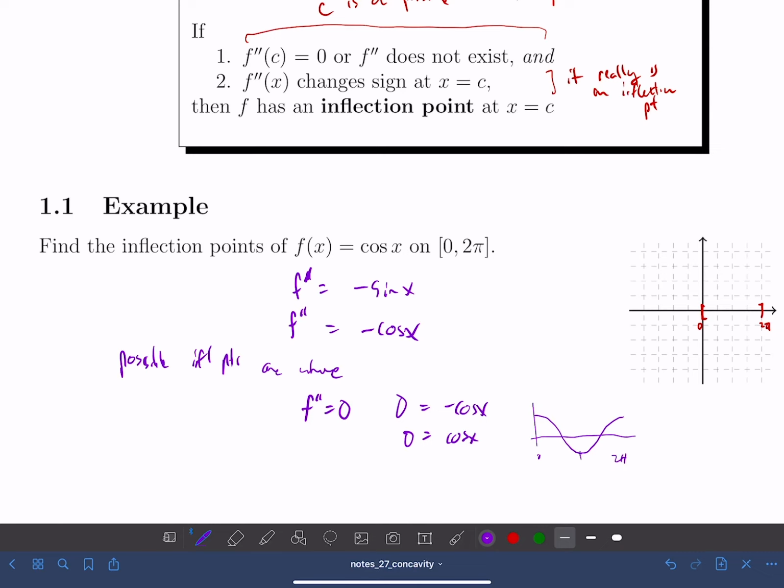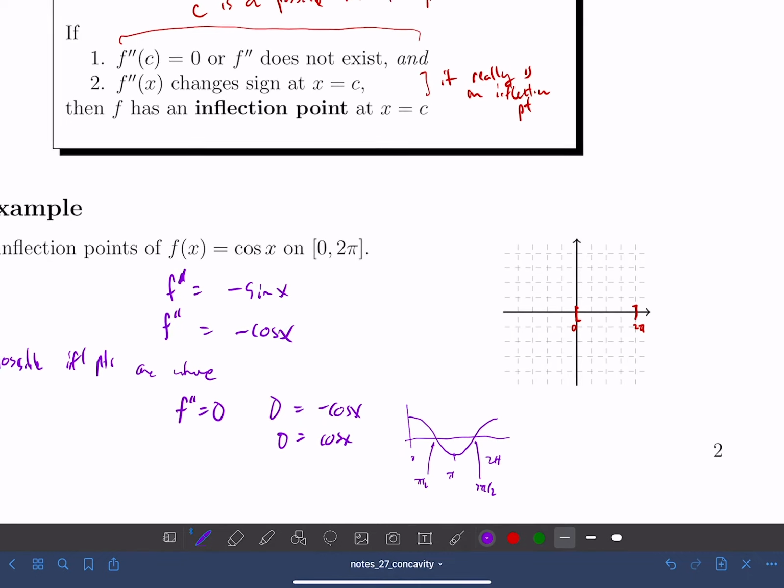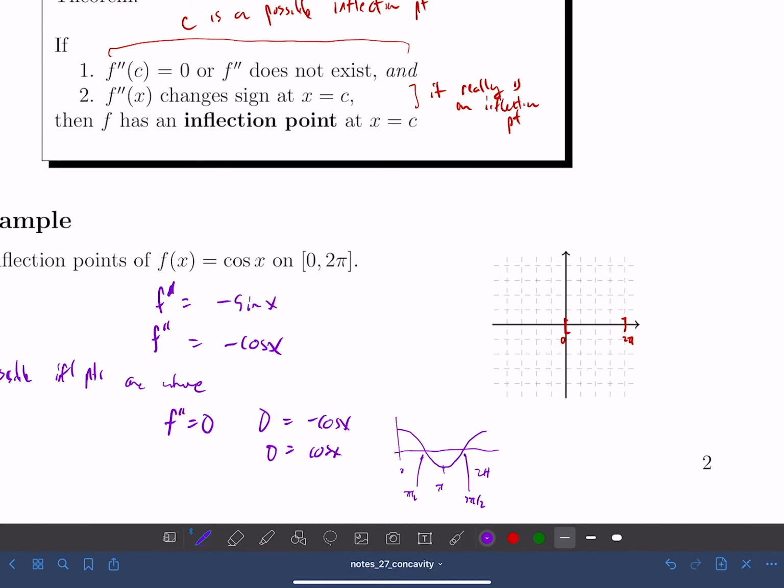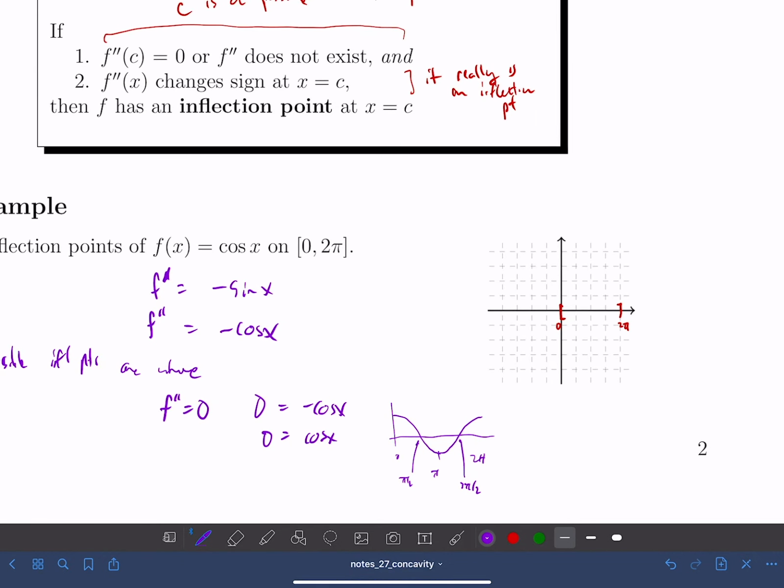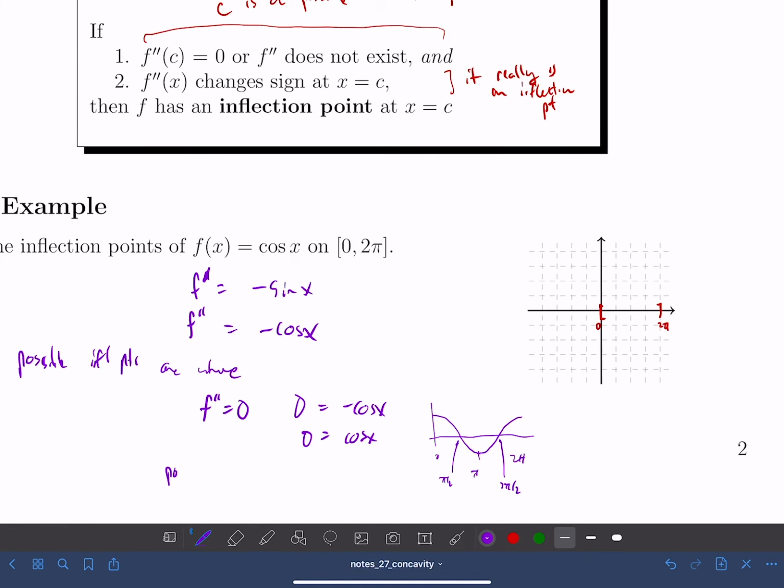I happen to know that that's pi, which means that we have two places, pi over 2 and 3 pi over 2. These are the two places that we can have possible inflection points. So we have possible inflection points at pi over 2 and 3 pi over 2.